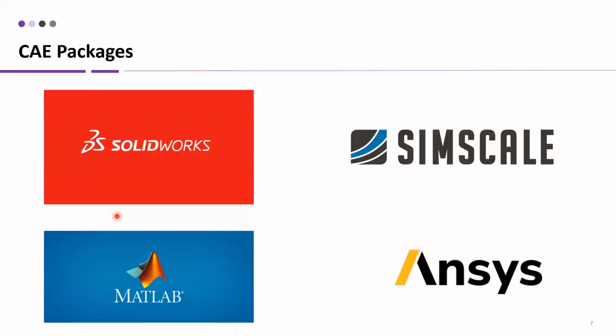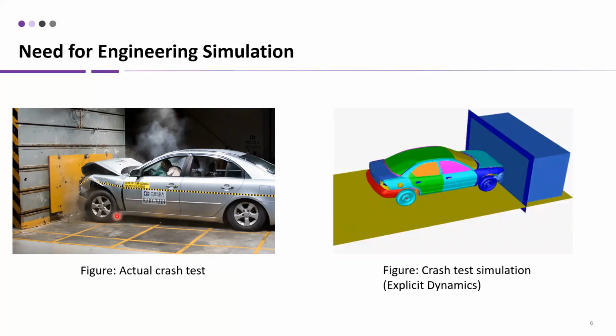So in the simulation, the one you showed me, the explicit dynamics, is it perfectly simulated, or are there things that aren't in the simulation that are in real life? It actually depends. There's always a trade-off between what level of accuracy you want and the cost that you are willing to put in.